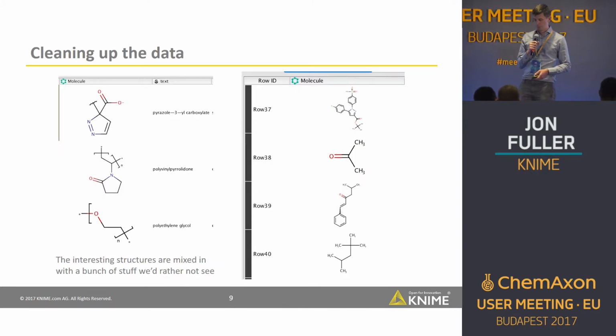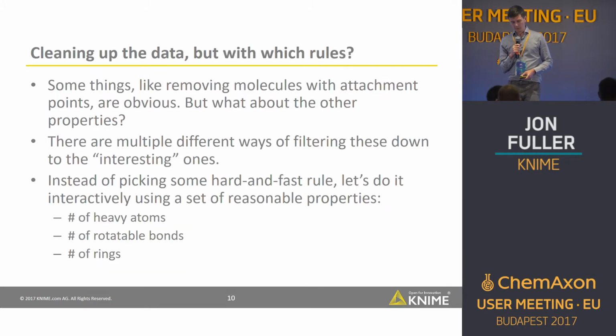From that, we come up with a bunch of structures, some of which are probably interesting, and a bunch of stuff we really don't want to see. So the question is, how can we actually clean up this data? We want to do obvious things like removing molecules with attachment points, which is fairly straightforward to do with some KNIME nodes.